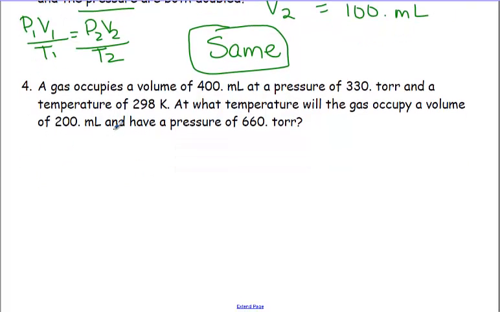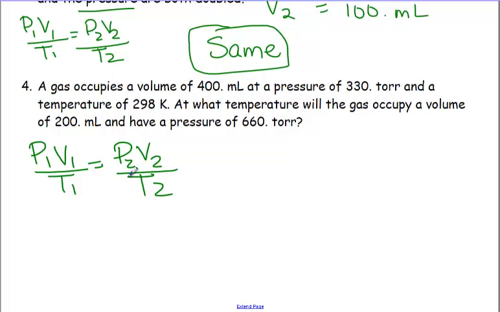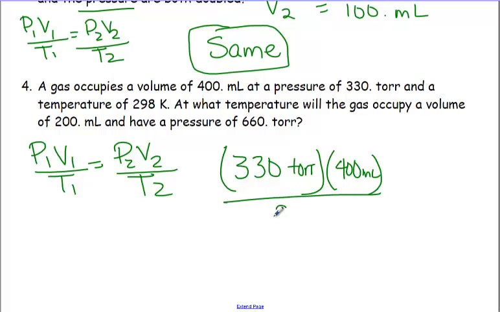Okay, number 4 asks about the temperature after volume and pressure have changed. Again, this is everything, so it's the combined gas law, P1 V1 over T1 equals P2 V2 over T2. We have 330, and torr is okay as long as we keep the units constant. Just temperature has to be in Kelvin, which it is. So it's 300 times 400 milliliters over 298 Kelvin equals, and then it asks at what temperature, so we're solving for T2.